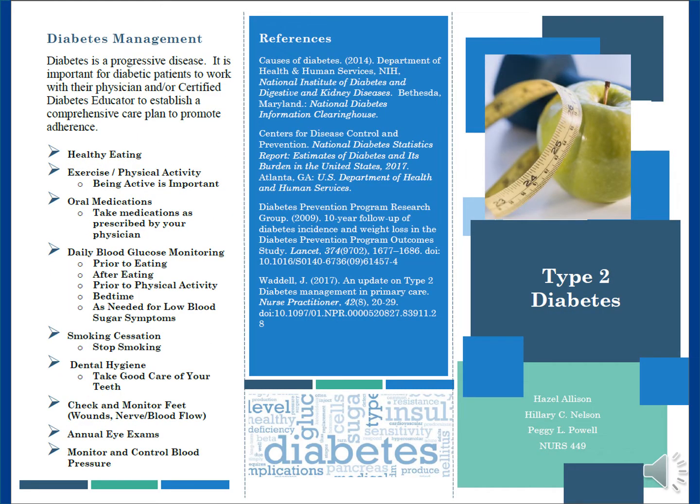Now, let's talk about diabetes management. Diabetes is a progressive disease. That means a person who has diabetes can just keep getting worse because of all the complications associated with the disease. It is important for those who have diabetes to work with their doctors or certified diabetes educator to establish a comprehensive care plan to promote adherence.